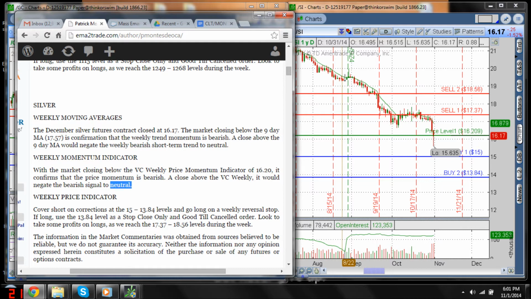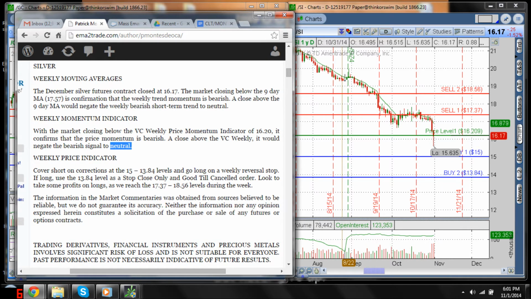It's also telling you that the possibility is that because it closed below 1620, it could come down to 15, or it's even pointing to 1384 at a maximum level, where it's recommending to buy long with a weekly reversal stop and use the 1384 level if these levels are triggered, and use it as a stop close only, a good till cancel order.